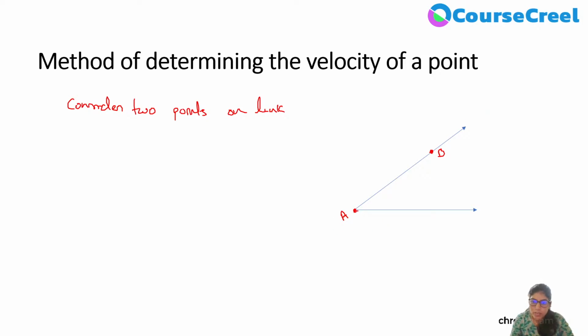Okay, so suppose at one particular point A, we are considering velocity. The velocity of point A, let us consider VA, and this is the direction of velocity of point A. We have to define the magnitude and direction of the velocity.